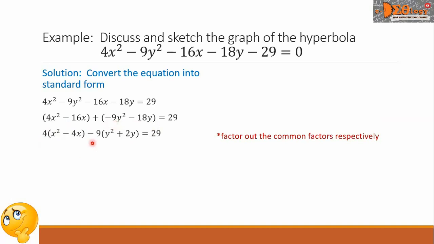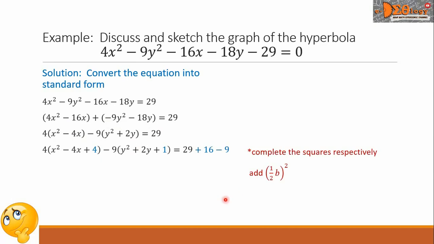The next step here is to complete the square. Let us find the missing constant to complete the trinomial for the x and for the y respectively. It means we're going to add a value that is equal to 1/2 of b, squared. The b here is the coefficient of x.